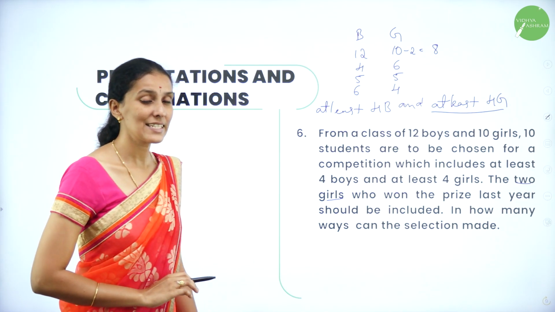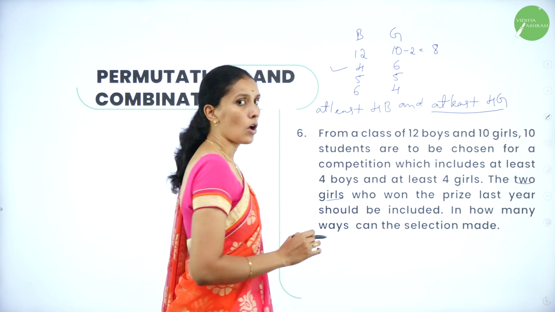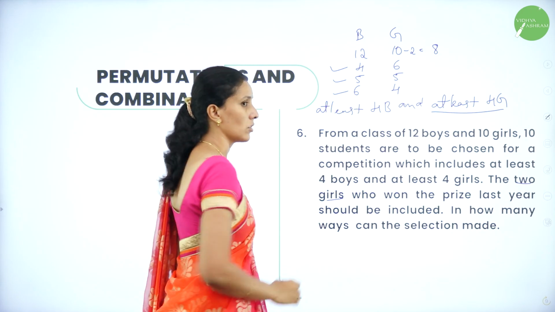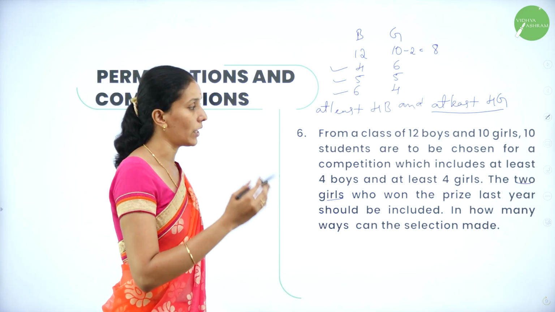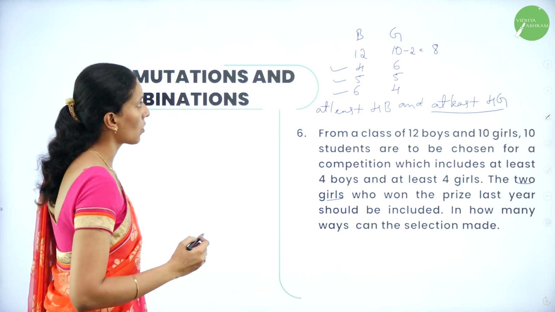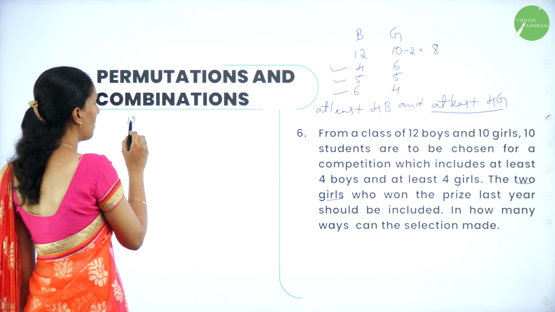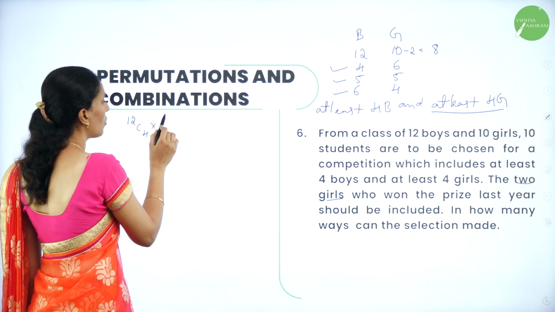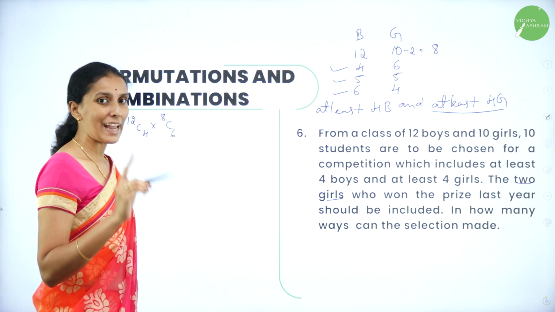Now how to write this in terms of combination? So this is my first selection or second selection or third selection. Since I'm using the word or, we can sum these combinations. So how will we sum these combinations? Like this. Out of 12 boys, I can choose 4 boys, and out of 8 girls, I can choose 6 girls. Why 8 girls?